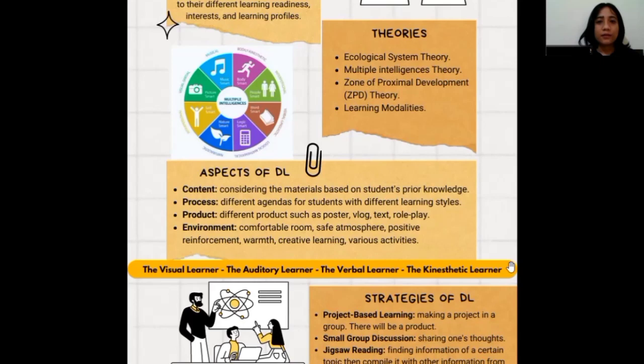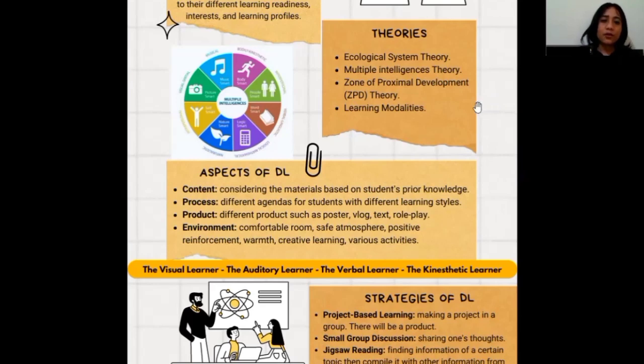The relation to differentiated learning is that the teacher should first know the initial ability of the student. It will give more insight into what the teacher should give to the student, in the form of the content of the materials, and in the form of help or assistance.